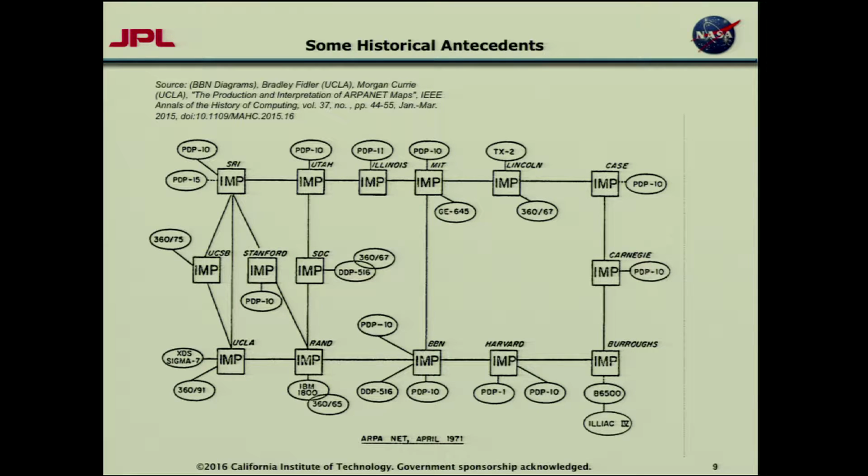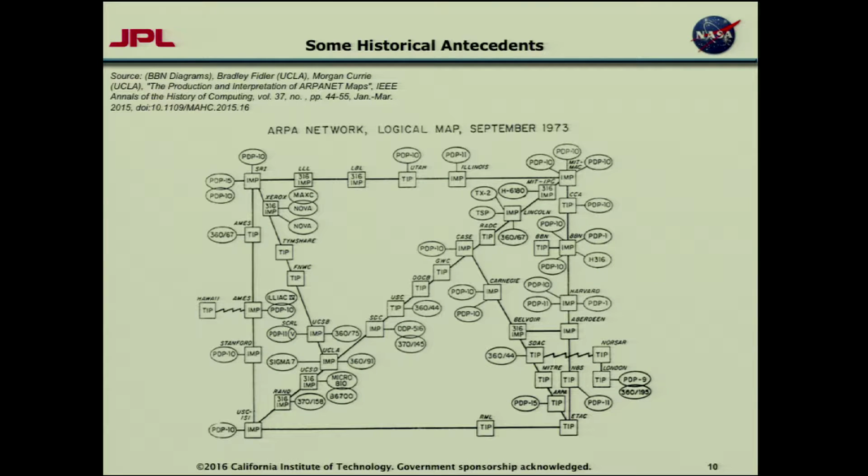So you had UCLA, UCSB, Stanford, and then looks like Case Western University, Carnegie Mellon, and a few others. By 1973, there was a satellite link between University of Hawaii and Ames, and lots of other little nodes in different places. But the network had grown, and so they were building up this network.